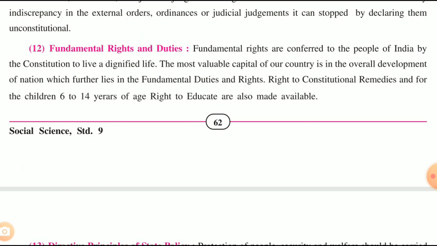That means any child of 6 to 14 years should be able to read and write in any one language. So, these are some of the fundamental rights that are given by the Constitution. At the same time, there are certain responsibilities that a particular citizen has to follow. That means rights and duties go hand in hand for the development of any nation.